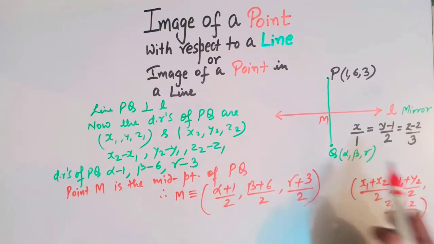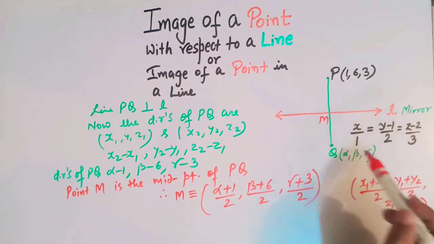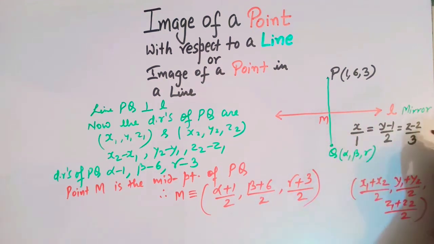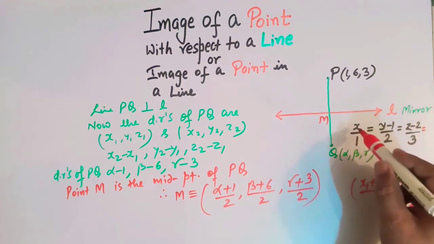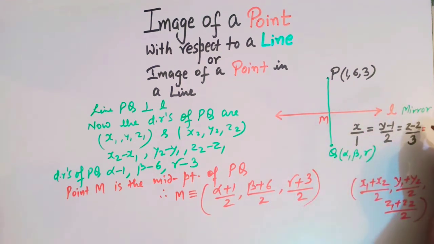Now let us find the coordinates of the general point on a line, and let us say that x by 1 equal to y minus 1 by 2 equal to z minus 2 by 3 is equal to lambda, right?